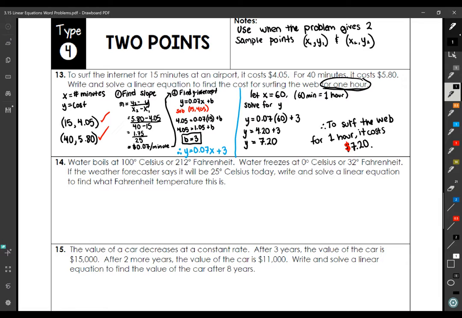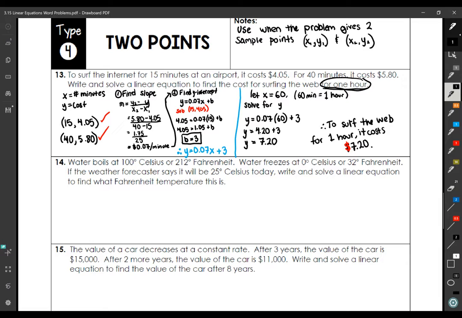Water freezes at 0 degrees Celsius or 32 degrees Fahrenheit. If the weather forecaster says it will be 25 degrees Celsius, write and solve a linear equation to find what the Fahrenheit temperature is.